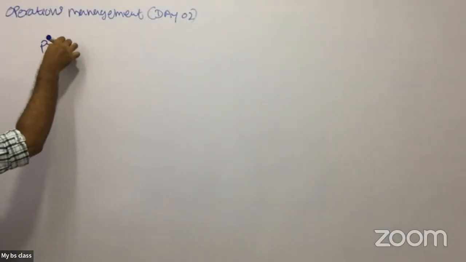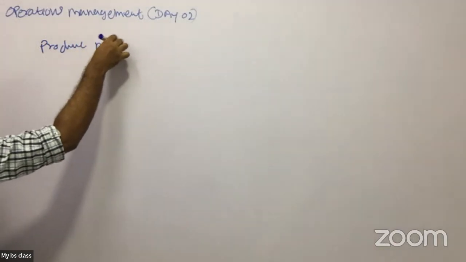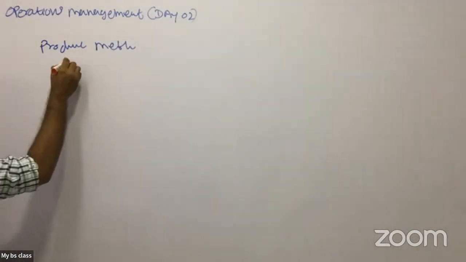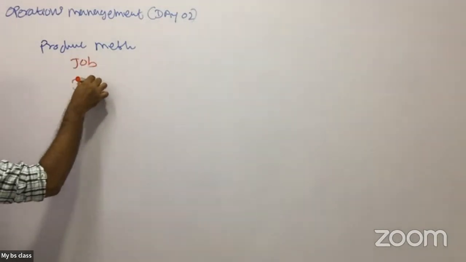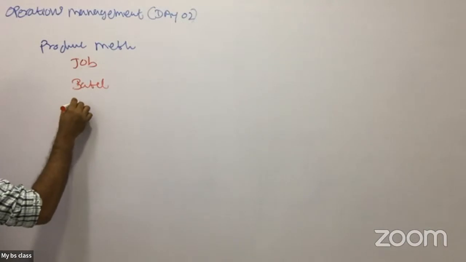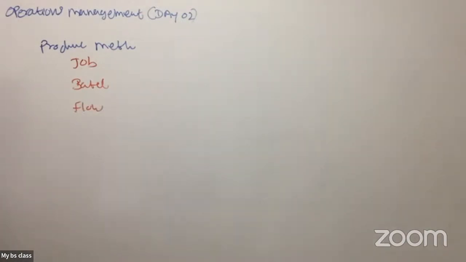Now let me summarize what we want to study in this part. You have production methods, 3 types. One is job production, then batch, and then finally flow production. Right?